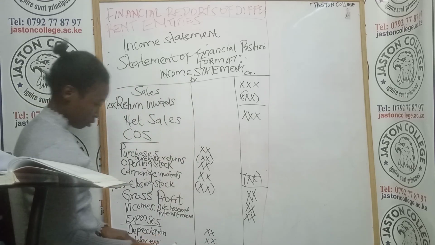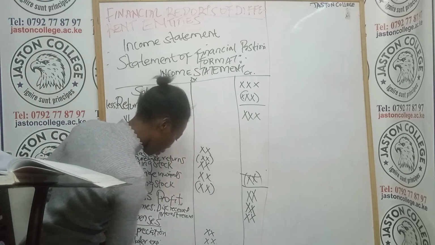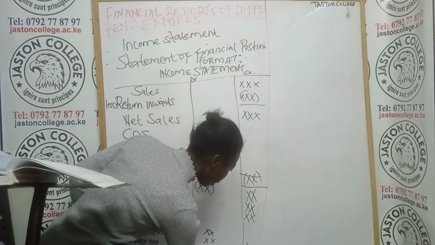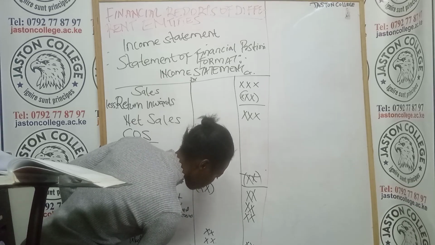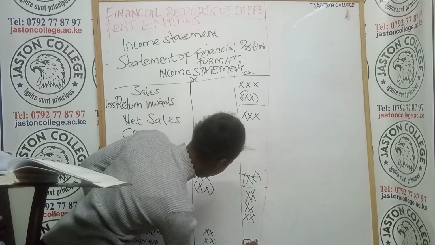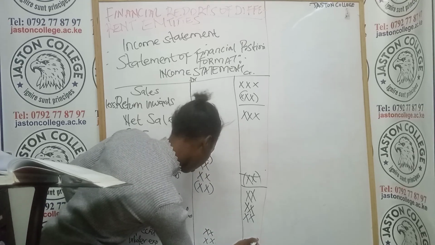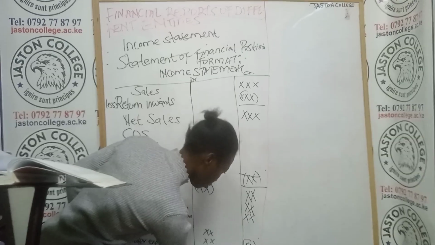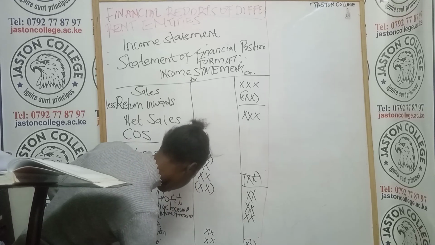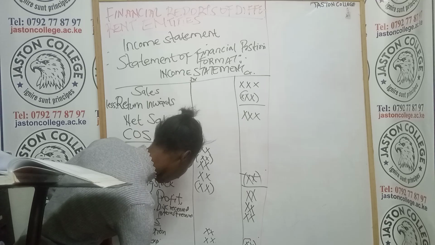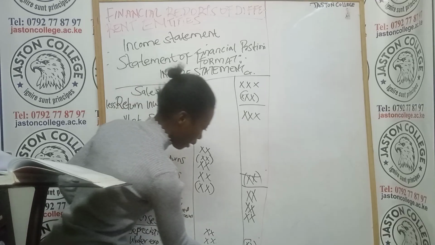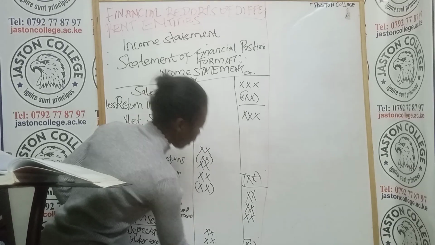Then the addition of this we will less. We less our expenses over here. We will get our net profit.